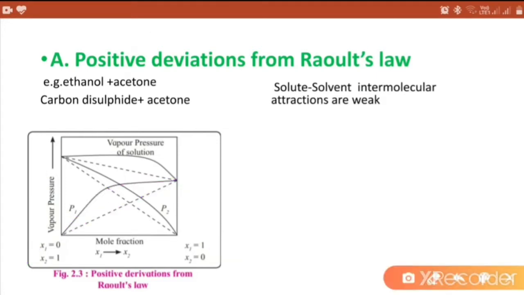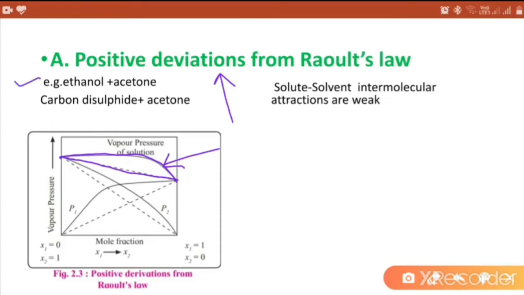And when the value of x2 is 1 at the initial stage, it starts from here, and the value of x2 becomes 0. This is the graph, and this is positive deviation. And this is the graph for the vapor pressure of solution, which shows positive deviation.